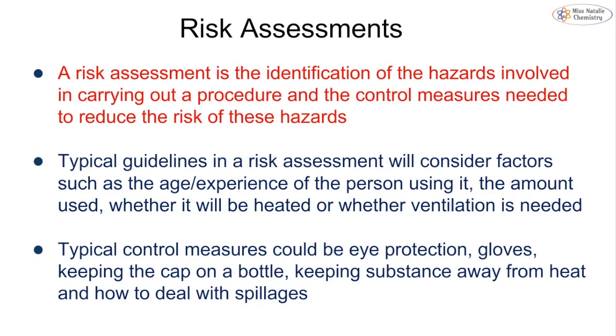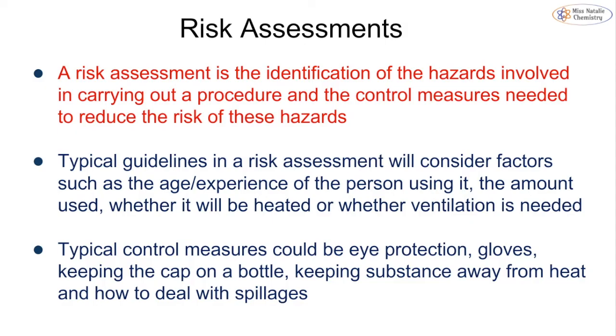So when we have these organic substances, they tend to all carry their own risk and their specific hazards. So what we have to do is typically carry out a risk assessment when we're using these. And a risk assessment is basically what it sounds like. It's identifying the hazards that are in a procedure and how we can reduce the risk of them causing harm.